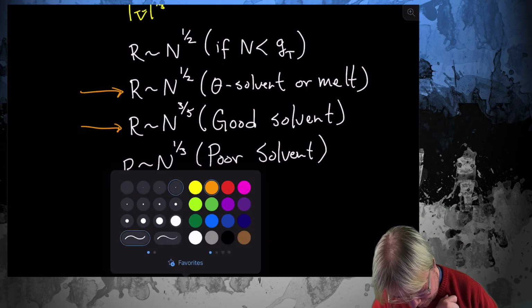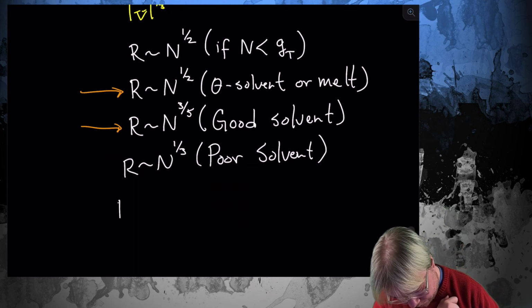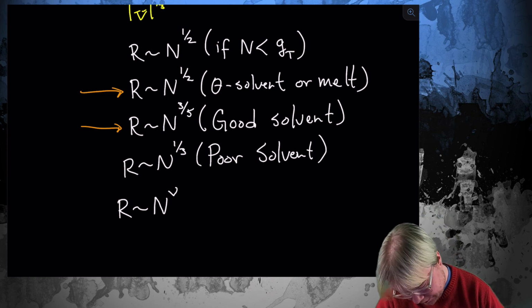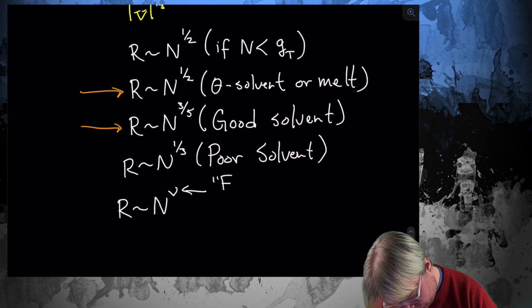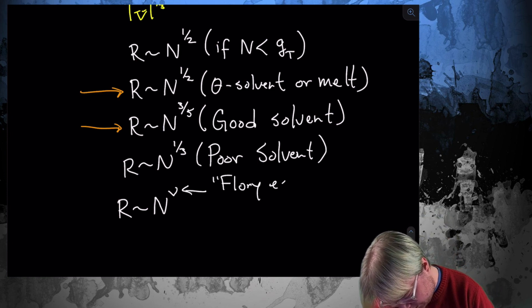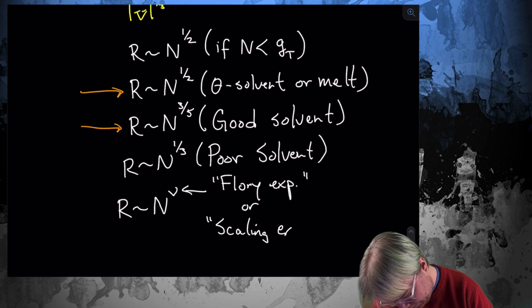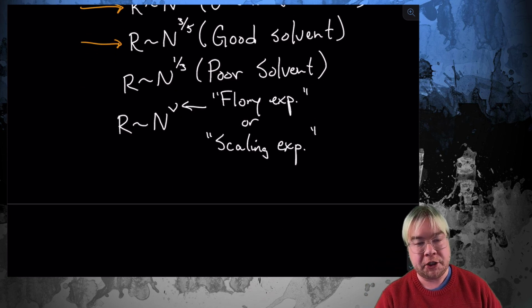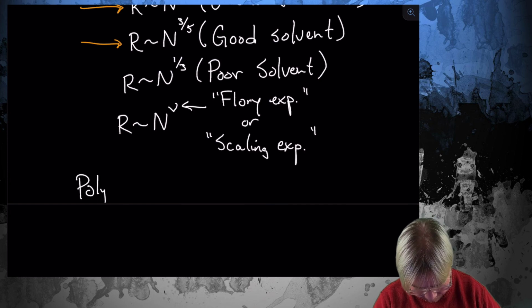And R, let me just say this so that we're complete in our discussion here. R scales as n to the nu power in general. This is called the Flory exponent, or the scaling exponent. And if you have a polymer brush, those are useful.